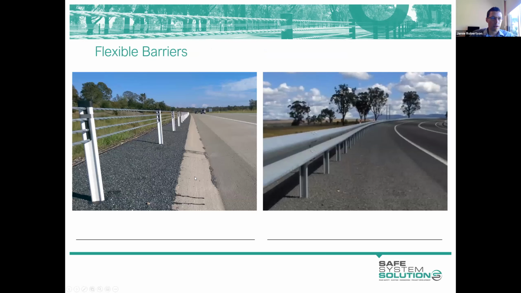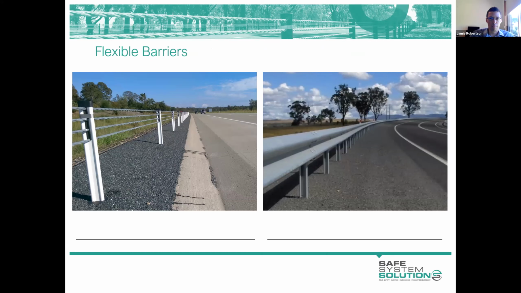In the flexible barrier category, we have 2 types of systems. On the left, we have wire rope, and on the right, we have the flexible W-beam system or category. So there are a few alternatives in each camp. Again, the picture there on the left is a now legacy wire rope product.